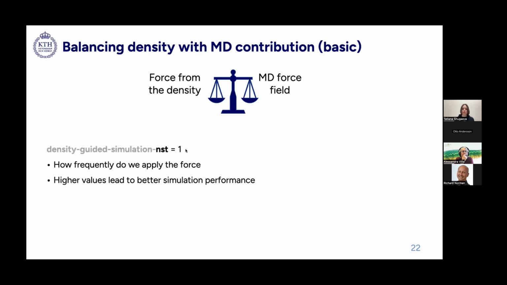If you put 2 here, it will calculate fitting forces every second step, or you can put 10 and calculate them every 10th step. If you calculate fitting forces frequently, your density-guided simulation will be from 2 to 5 times slower than the normal MD one. But if you can apply fitting forces rarely, it will allow for a very, very smooth fit, and the performance overhead will also be relatively low.